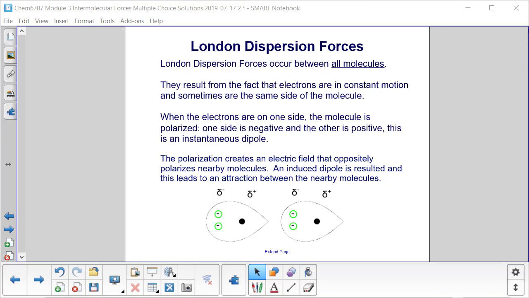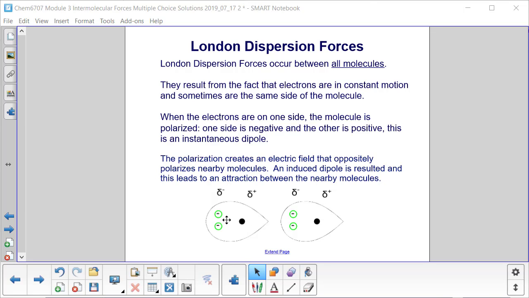All right, let's finally talk about London dispersion forces. London dispersion forces occur between all molecules. So all molecules exhibit London dispersion forces. They result from the fact that electrons are in constant motion and sometimes are on the same side of the molecule. When the electrons are on one side, the molecule itself is polarized. One side is negative, as you can see down here, and the other is positive.